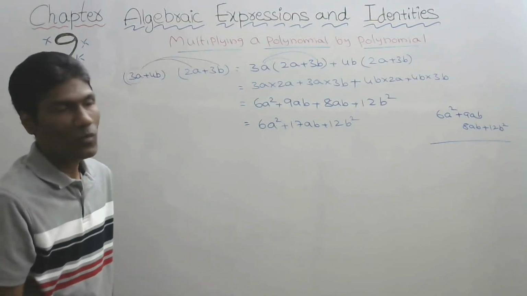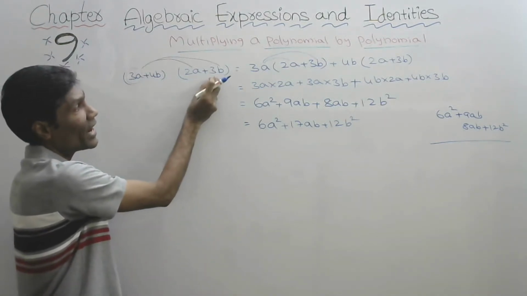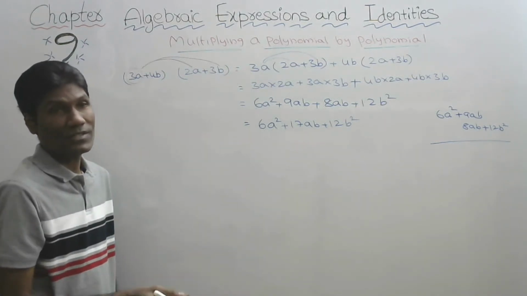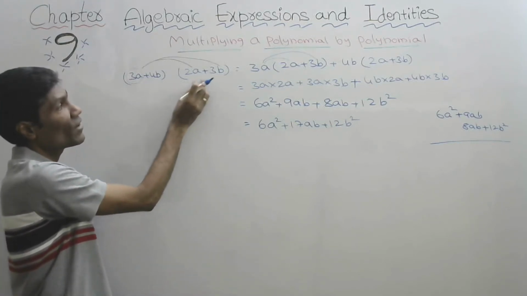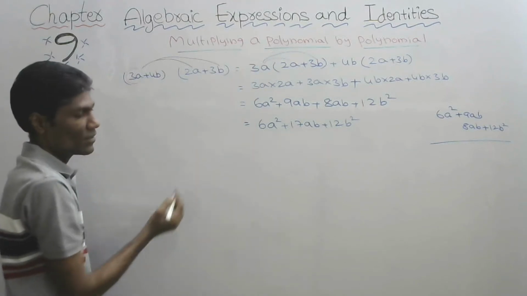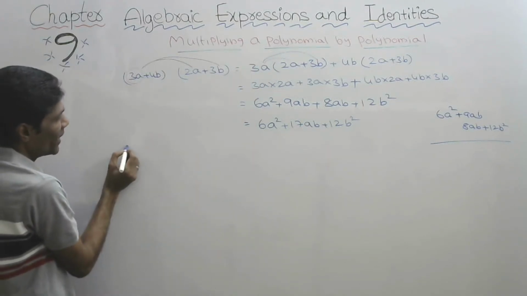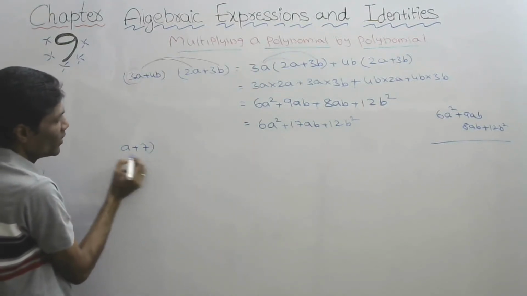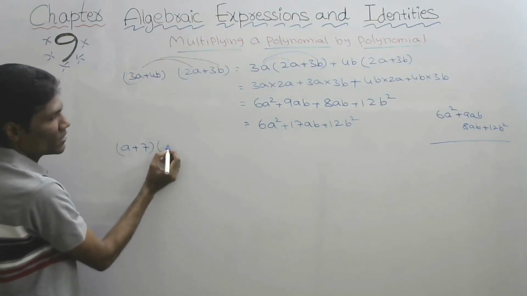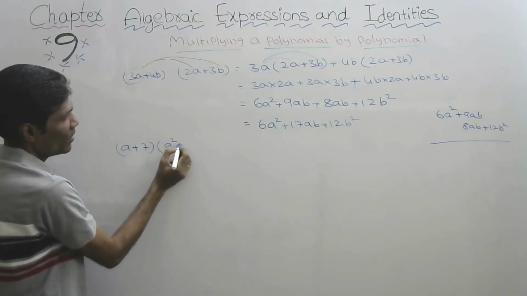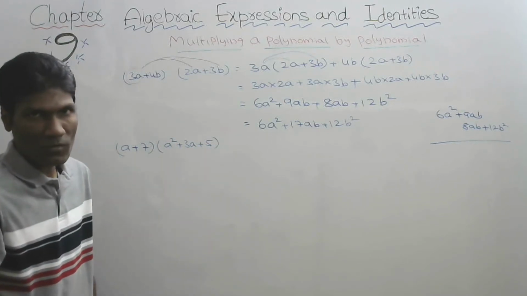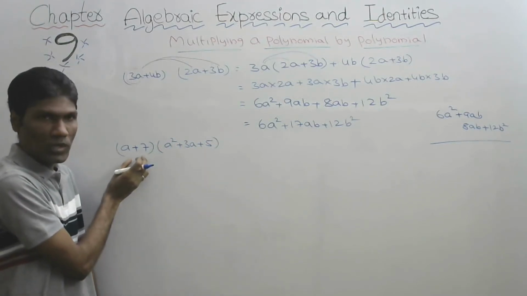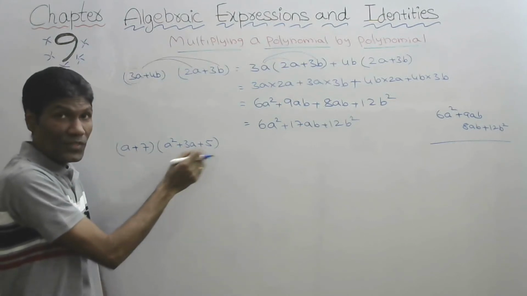To understand more clearly, we will add some more terms and we will see. This is binomial to binomial, no? Now we will take one more term. Say for example, a plus 7 into a square plus 3a plus 5. This is two terms. Now we have taken three terms.